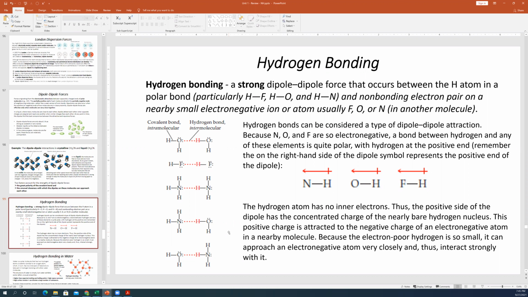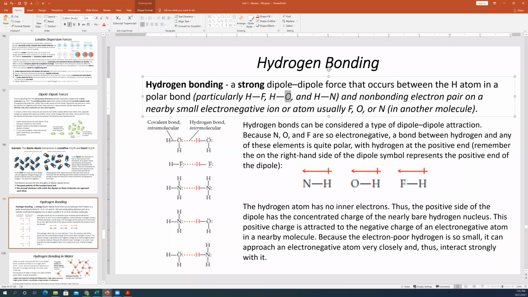And then that hydrogen needs to be bound to one of these very electronegative atoms, such as fluorine, oxygen, nitrogen.